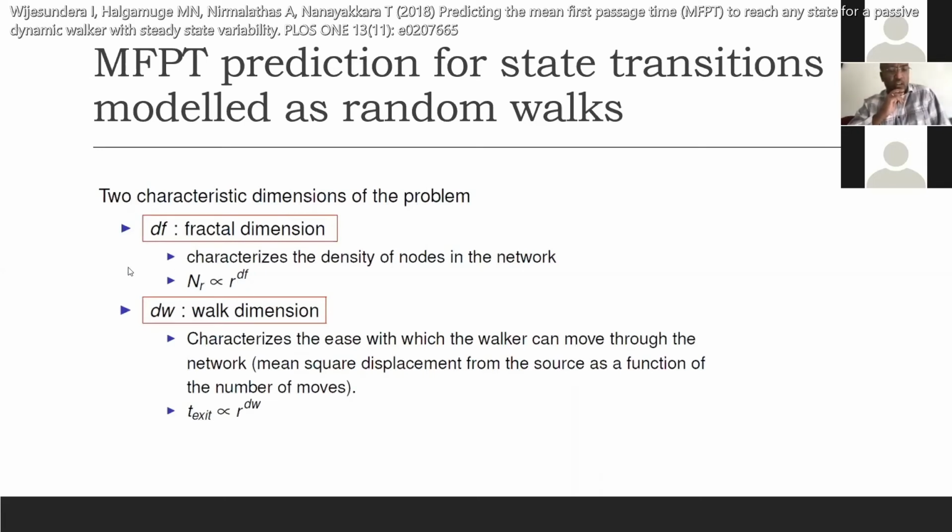Actually, it's the number of nodes inside the sphere of radius R. Yeah, that's right, it is not really the visited number. No, it is right. So it is the number of nodes.